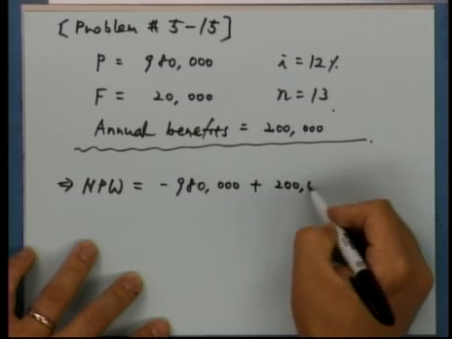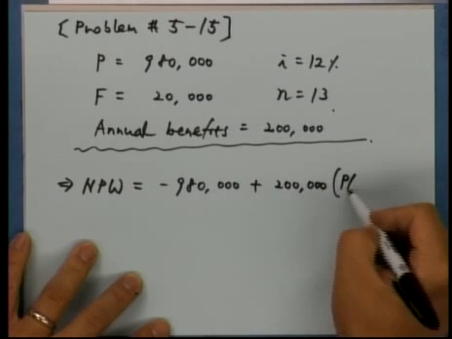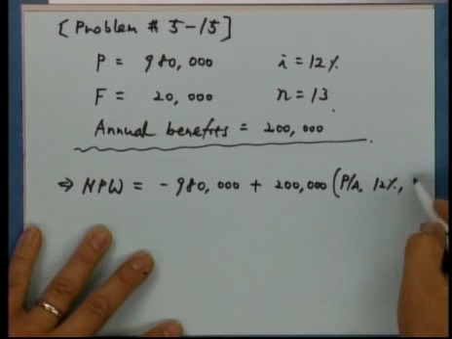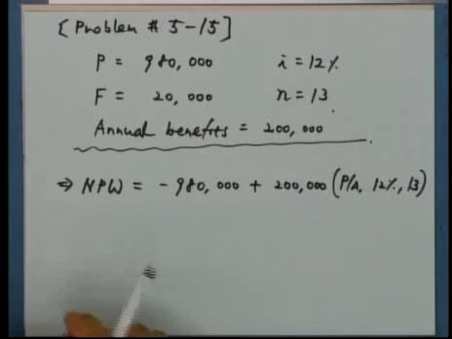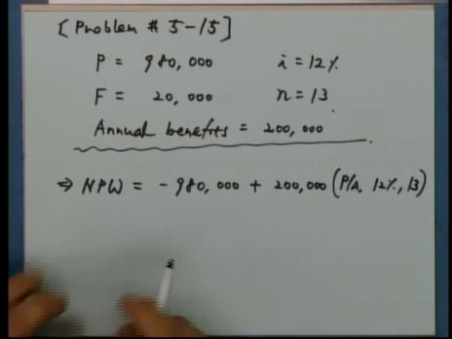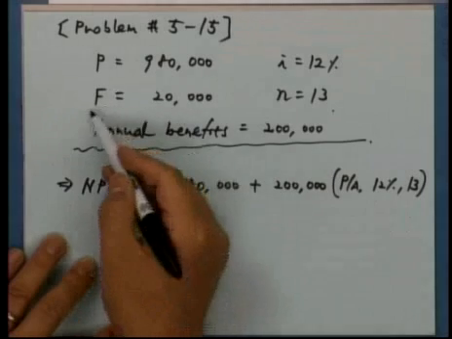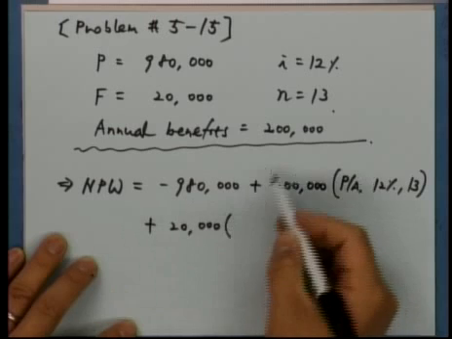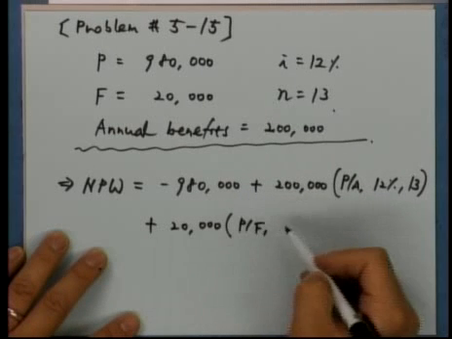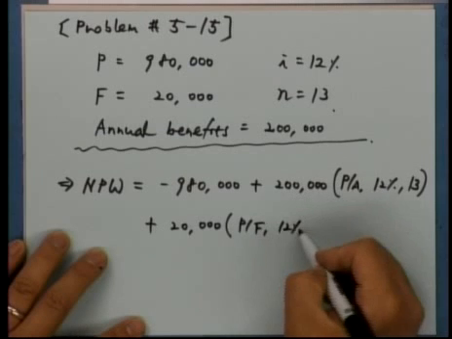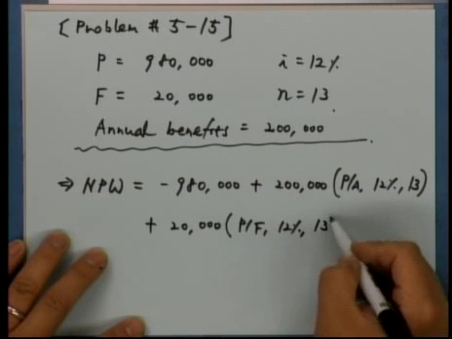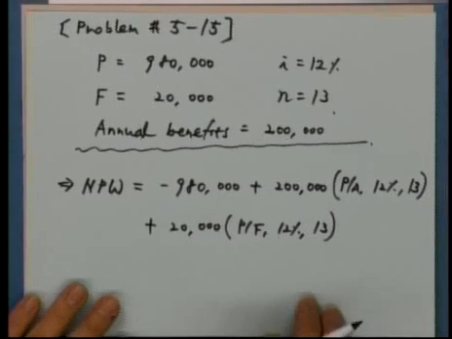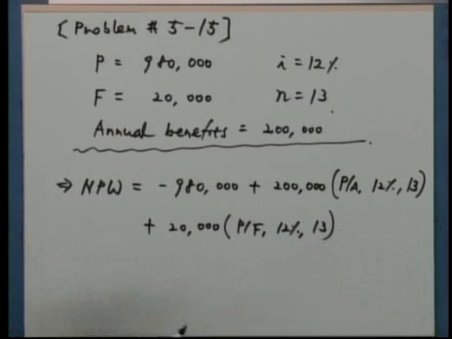So plus 200,000 times P given A, 12% over 13 periods, right? And then what else? The salvage value, which is $20,000 times P given F, 12% over 13 periods, right? After 13 periods, 13 years.